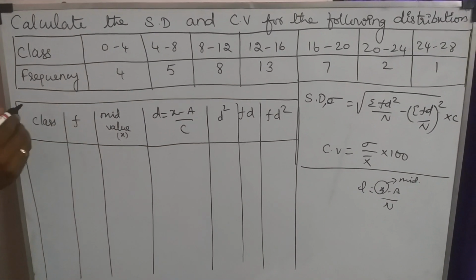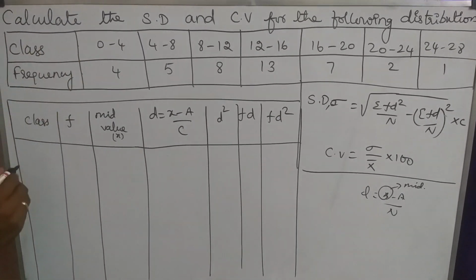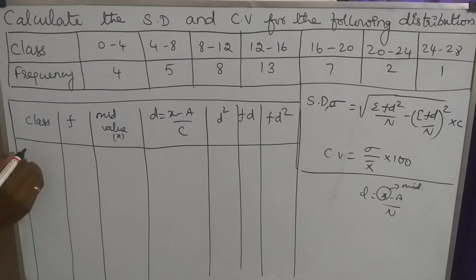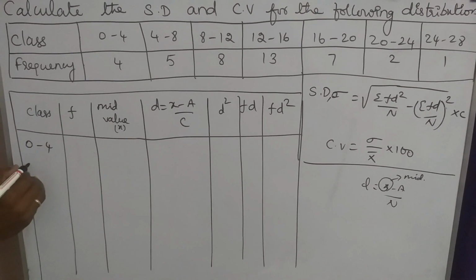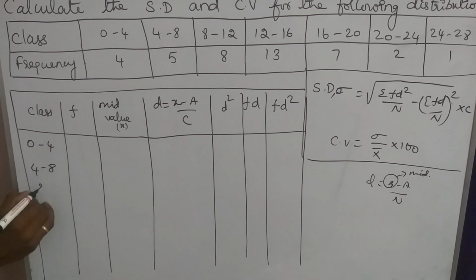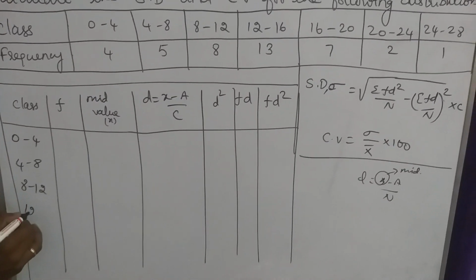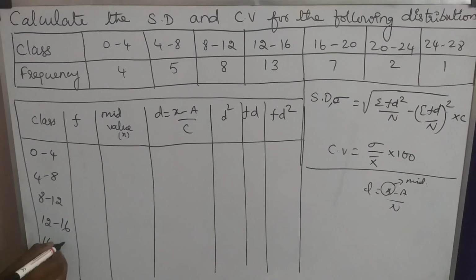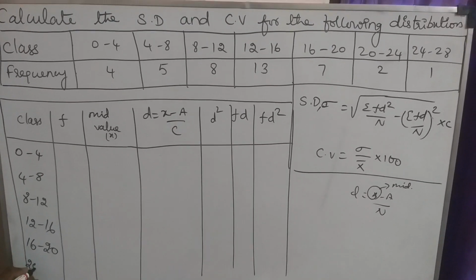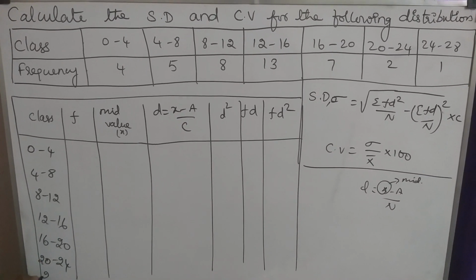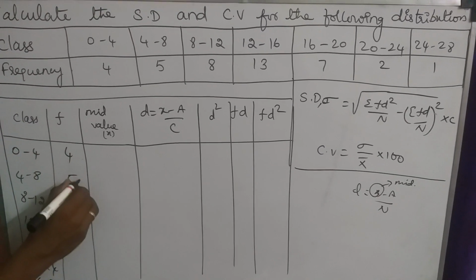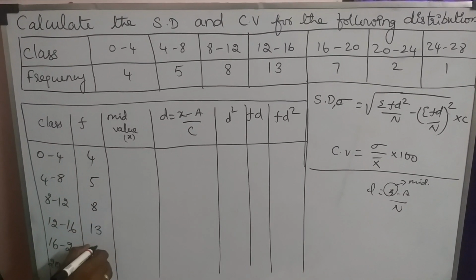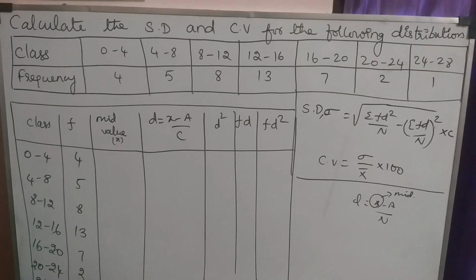First, the standard deviation. Write the classes and frequencies as given. The classes are 0 to 4, 4 to 8, 8 to 12, 12 to 16, 16 to 20, 20 to 24, and 24 to 28. The corresponding frequencies are 4, 5, 8, 13, 7, 2, and 1.